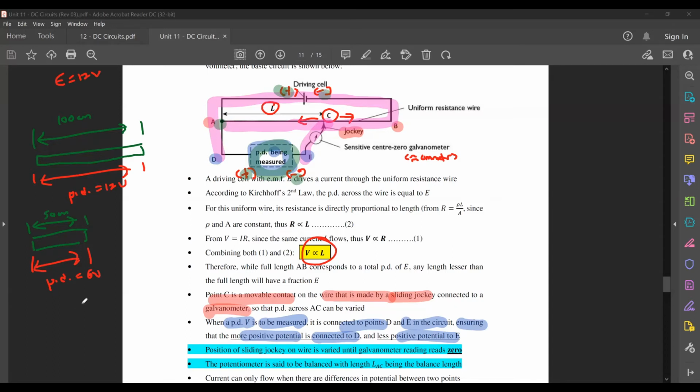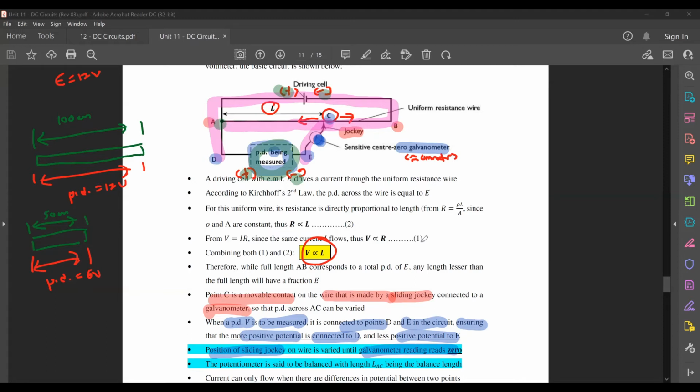Okay, now once you connect your PD to be measured, what you're supposed to do is this: you slide the position of the sliding jockey until your galvanometer reading reaches 0. Your galvanometer is like an ammeter. You slide your jockey left and right until your galvanometer reading is 0.